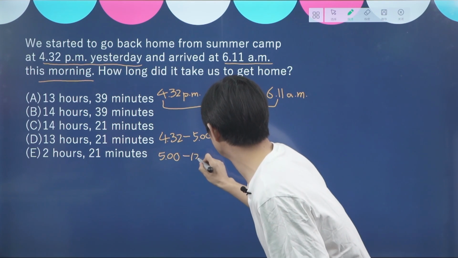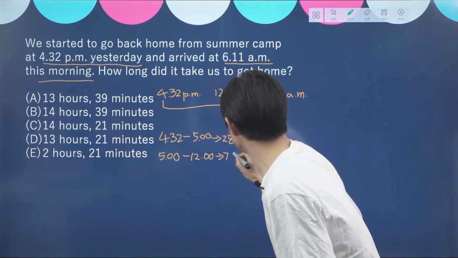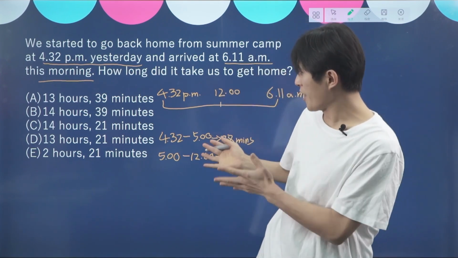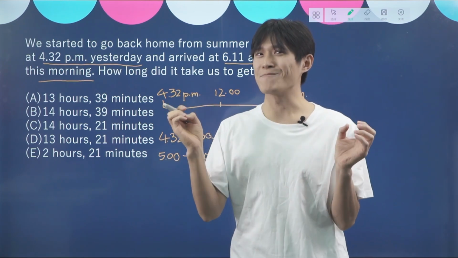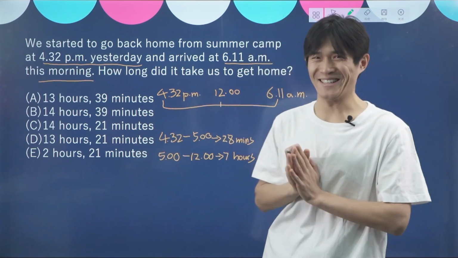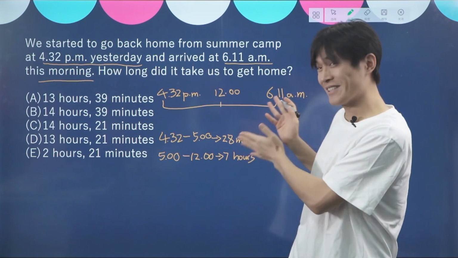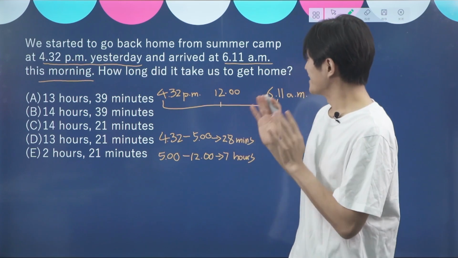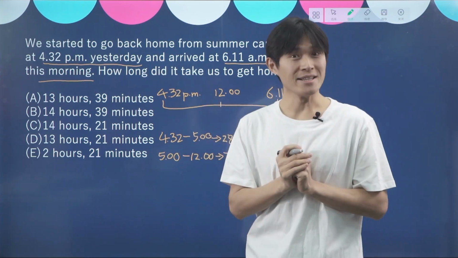Here we go. 7 hours. So we know that it took 7 hours and 28 minutes from 4:32 p.m. to midnight. Now, today, 6:11 a.m. It's pretty easy, right? 6 hours and 11 minutes.